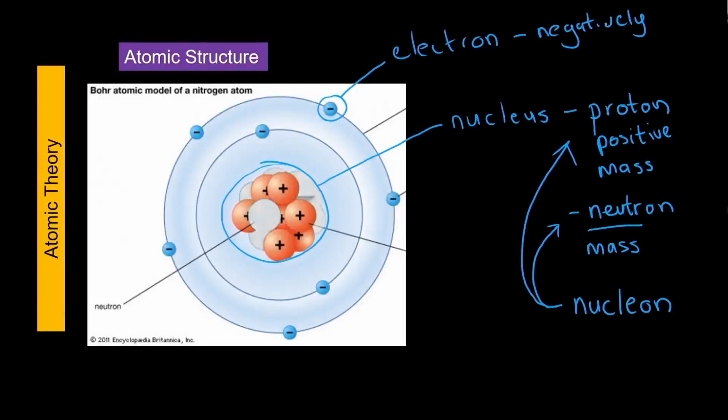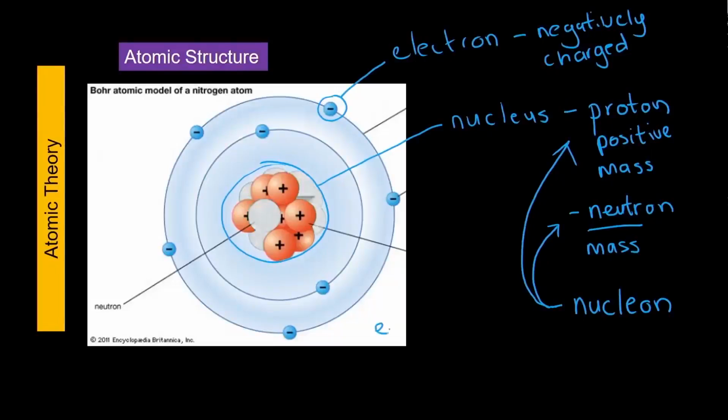And as with our theory that we have talked about, if an atom is neutral, then there will be equal number of positive protons and negative electrons. So that is what we work from, our baseline. We work from the fact that an atom is neutral.